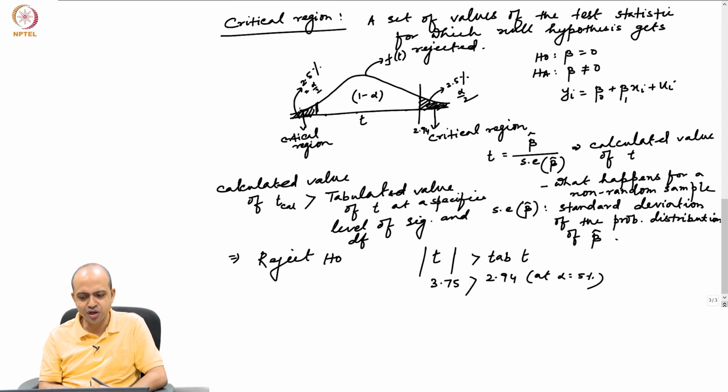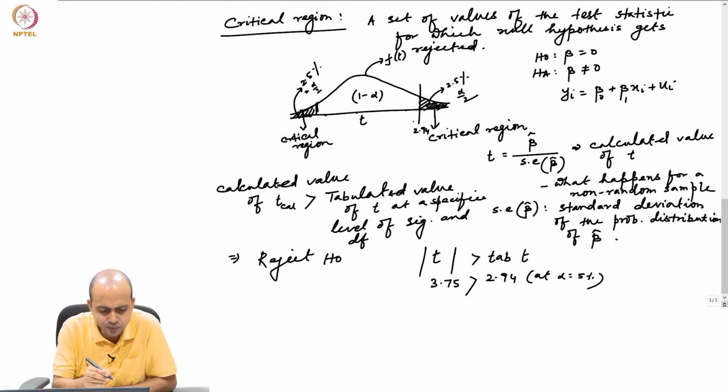Now the question is, how will you get this value 2.94? How do you generate the tabulated value of t? How do the statisticians prepare this type of table? The idea is very simple. They have actually applied the concept of definite integral.